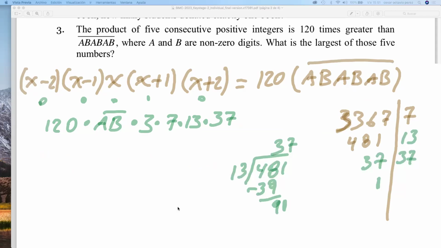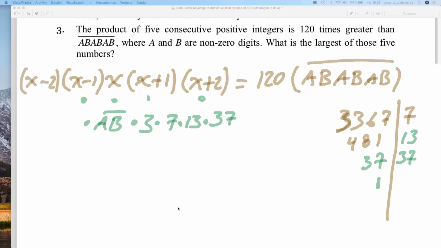Yes, that's right. But I was thinking that because 37 is a prime number, we can see if we can construct those numbers. 120 is 2 times 3 times 4 times 5. 5 times 4 is 20, times 3 is 60. Okay, yes, we have this.